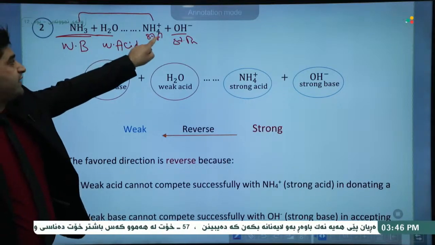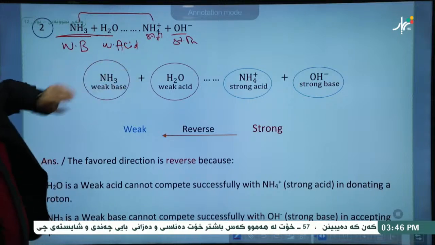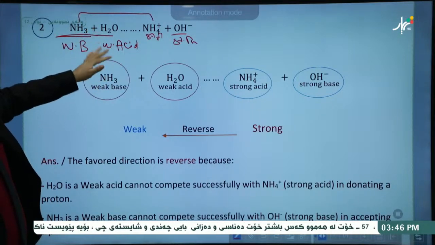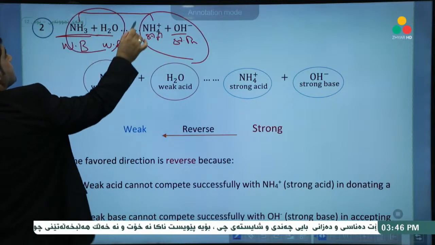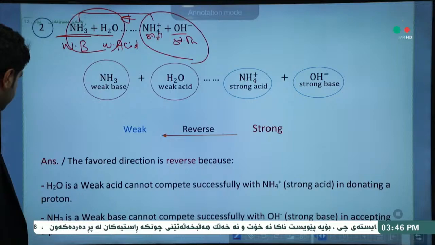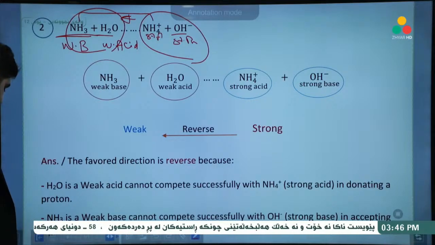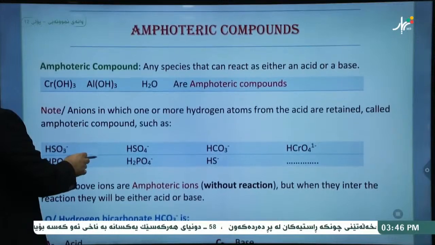Now we have NH4 and OH. They can compete successfully with that acid and base. So here we have stronger, here we have weaker. This is the reverse direction. Very good.